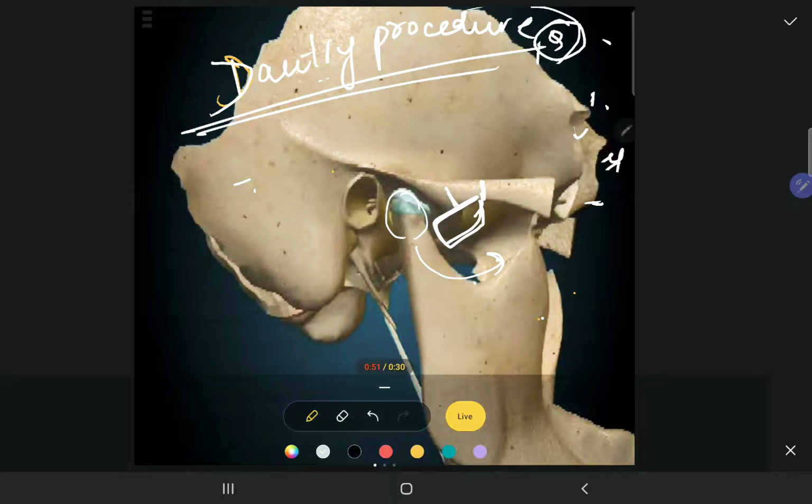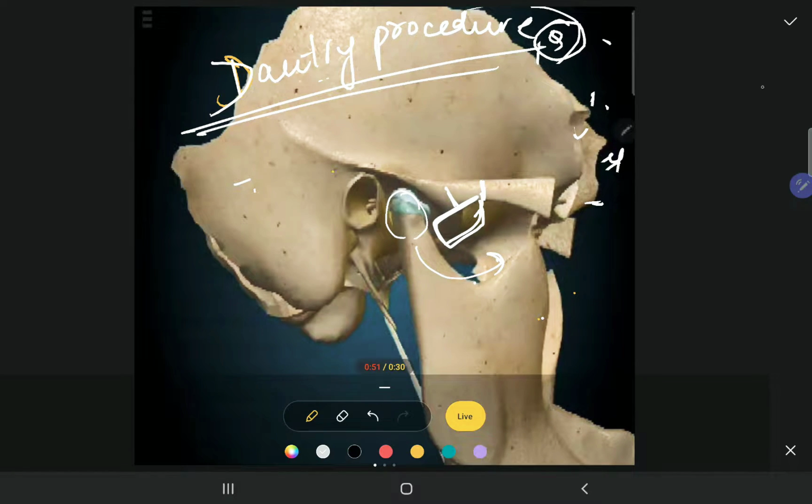The main goal is not to let go of the condyle. We do not want this condyle to pass the articular eminence, so that we prevent temporomandibular joint dislocation.